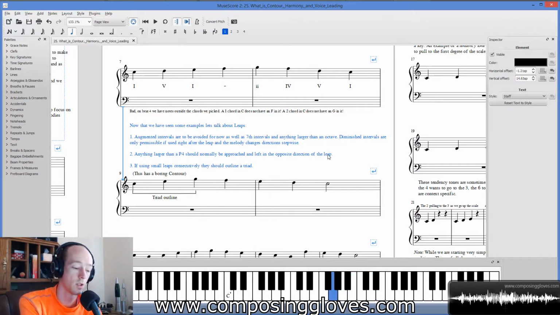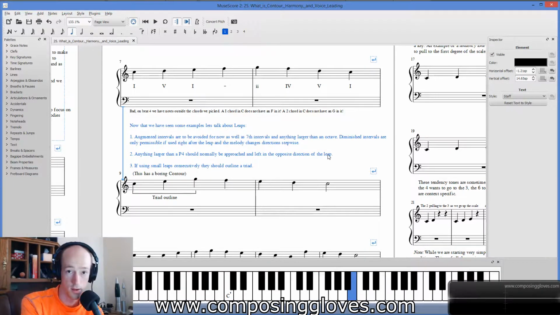Now, let's say I want to jump to a D. Well, let's look at this. D to a G to a D going down is a fourth. So I'm okay. I can continue my direction. Okay, so that's cool. What if I wanted to go from C, and then from this E, I wanted to jump to the B?